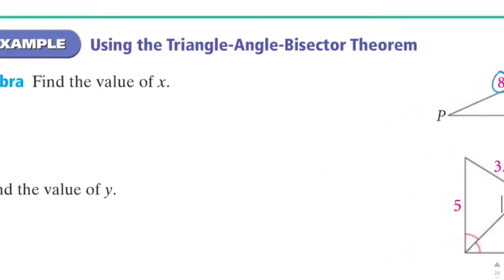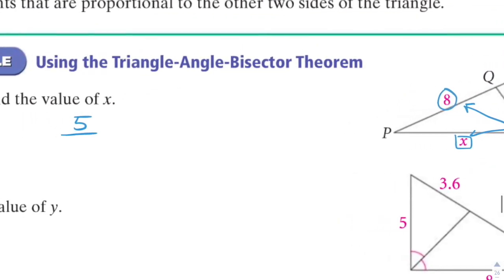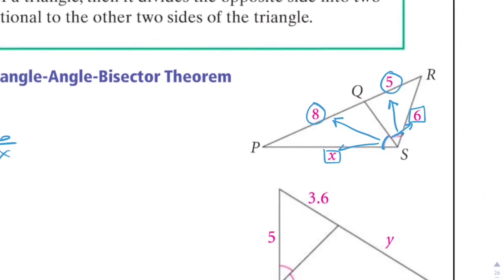So here I'm going to set up 5 is to 8 as 6 is to x. So we're going from right to left to right to left. Side length opposite the angle to side length opposite the angle, which is equal to the side length near the angle to the side length near the angle.